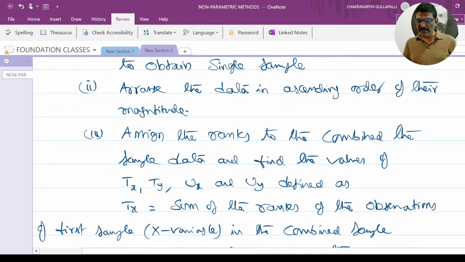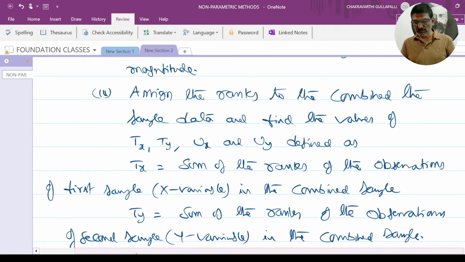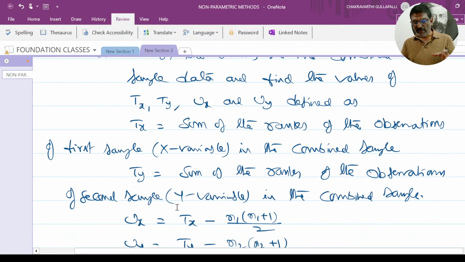After that, assign the ranks to the combined sample data and find the values of Tx, Ty, Ux, Uy. What is Tx, what is Ty, what is Ux, what is Uy. Tx is equal to the sum of the ranks of the observations of the first sample, the x variable, in the combined sample.